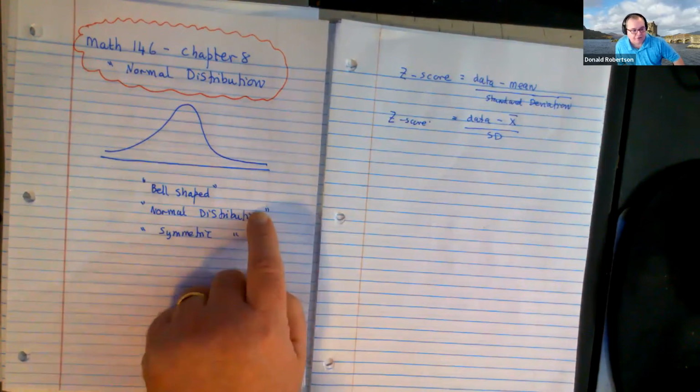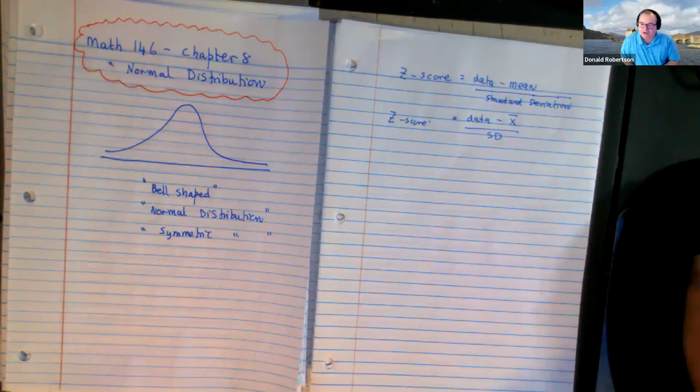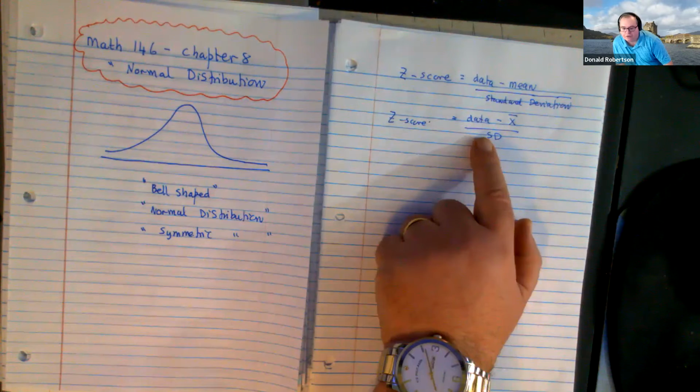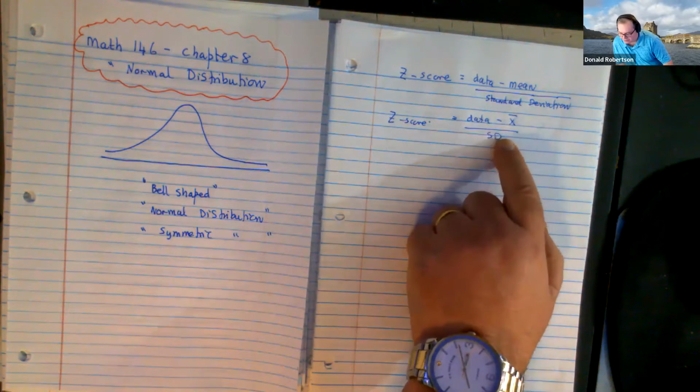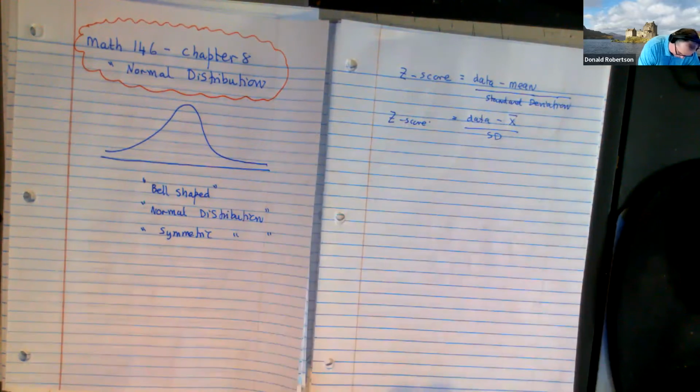If data has this nice shape to it, or at least approximately that shape, because we know in real life nothing's perfect, we'll call it a normal distribution. And when you have normal distributions, you can calculate Z-scores, provided someone tells you the mean and standard deviation. So it's just a recap of things.